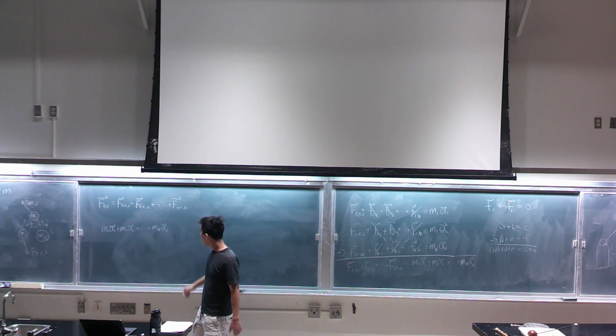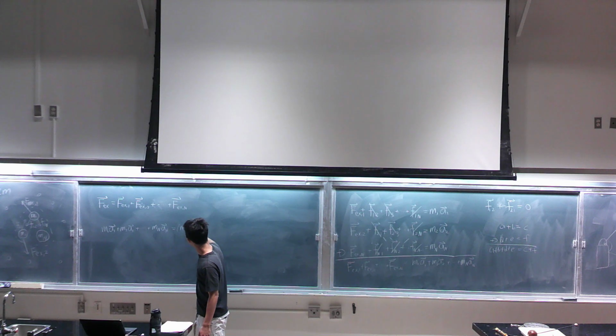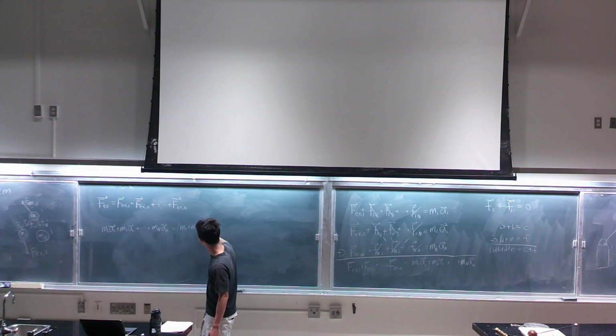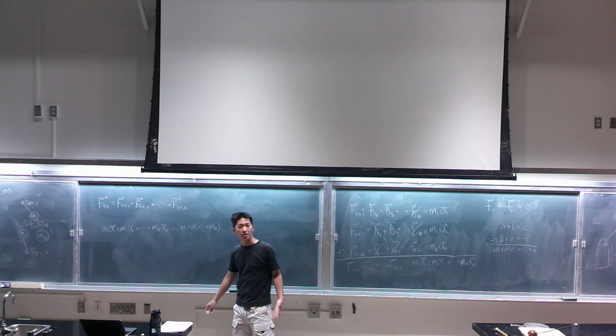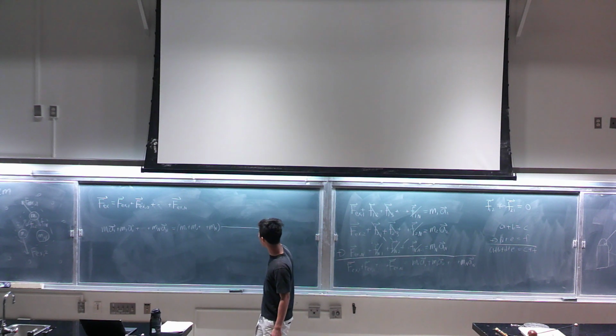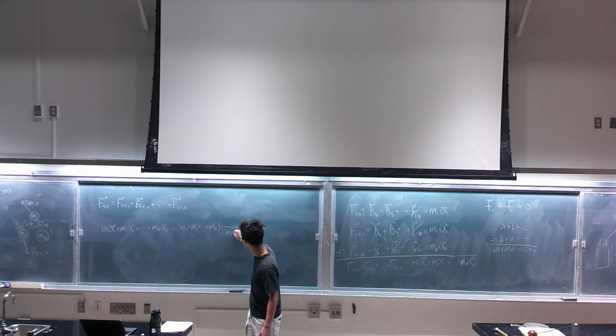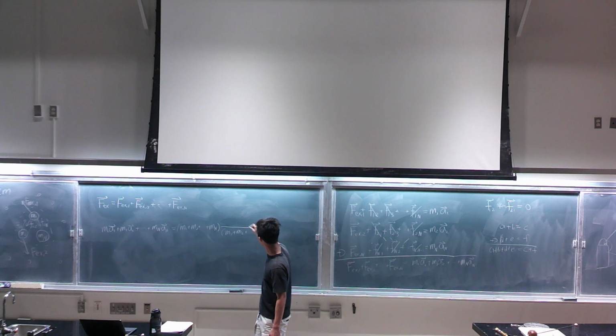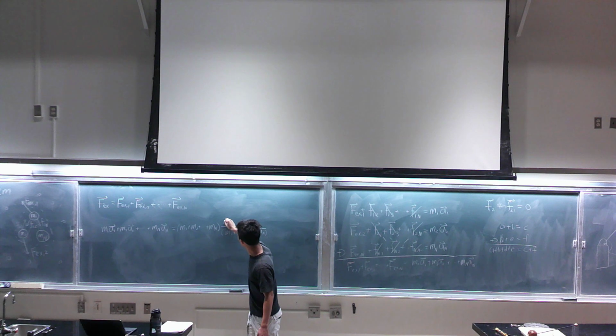So we're going to combine all the masses by adding them. I'm going to multiply this thing by the sum of all the masses in the system. But if I multiply it, I need to divide it so that the equation can hold. And the denominator is just what I had before.